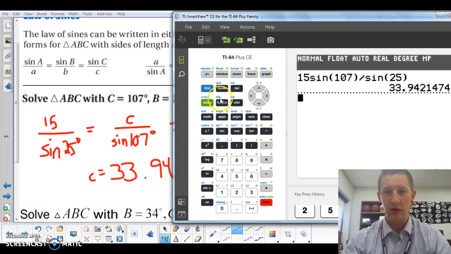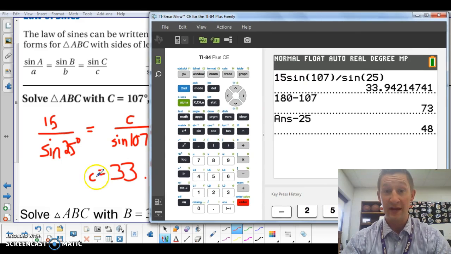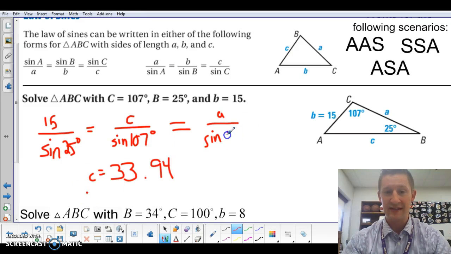Let's check the calculator, shall we? 180 minus 107 minus 25. Oh, it's 48. All right, so that's 48 degrees. We'll label it on the diagram too. 48 degrees.